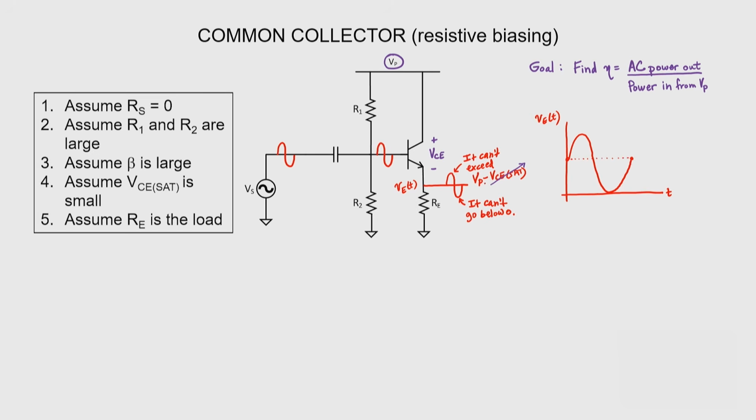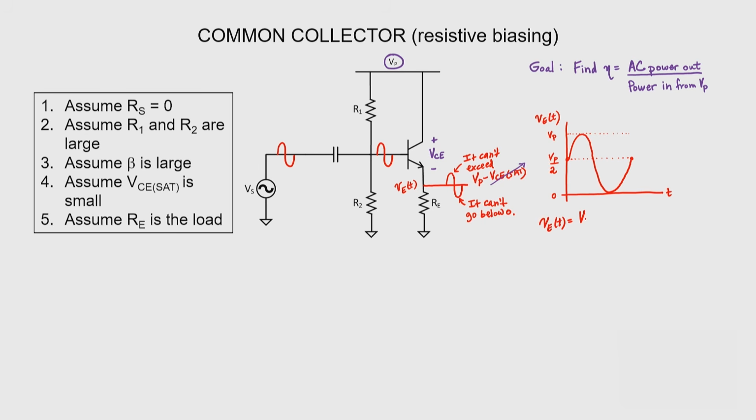We've also said that it can't exceed V sub p, so it should just touch V sub p when it's at its maximum. So we have 0, Vp, and then because of symmetry of a sine wave, we can identify this as Vp over 2.